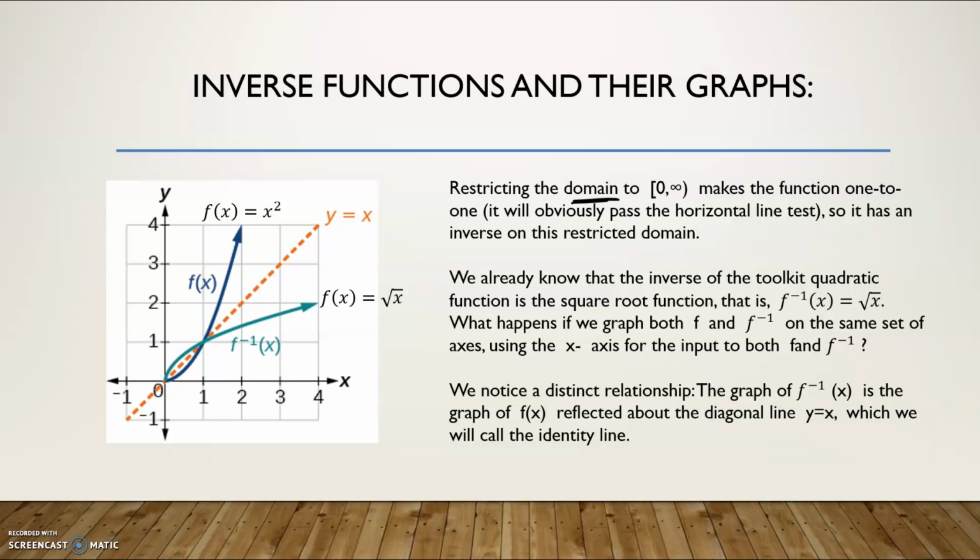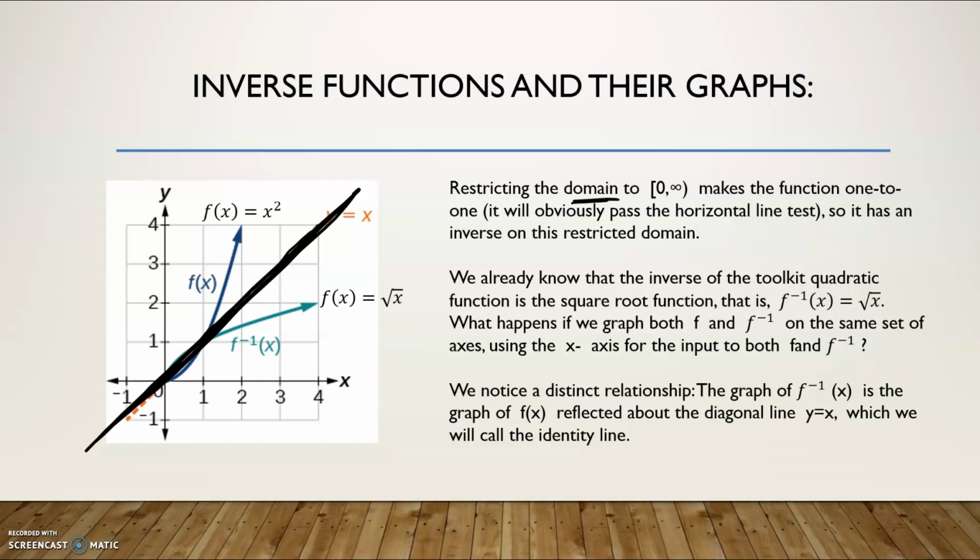So we notice a relationship. The inverse graph is a graph of x reflected about the line y equals x. Okay, so we take this line right here, y equals x, and we cut the picture in half based on this line, and they're mirror images of each other.